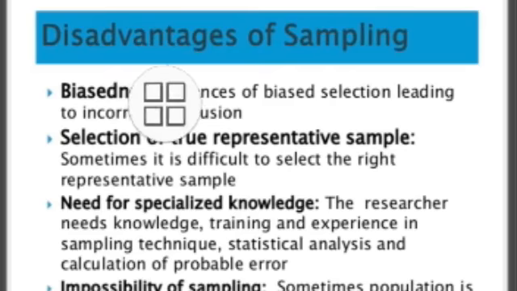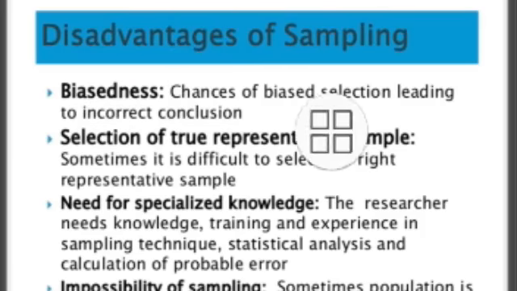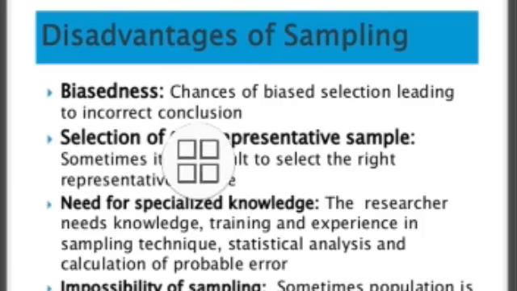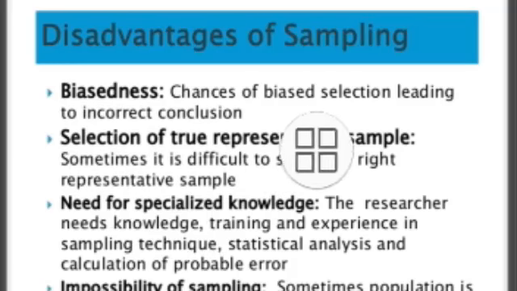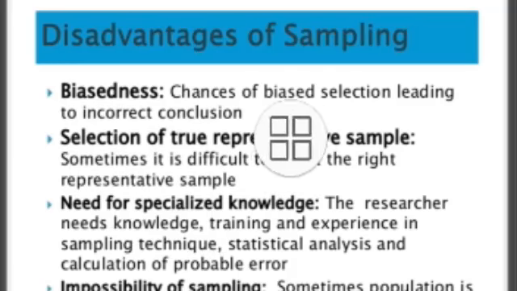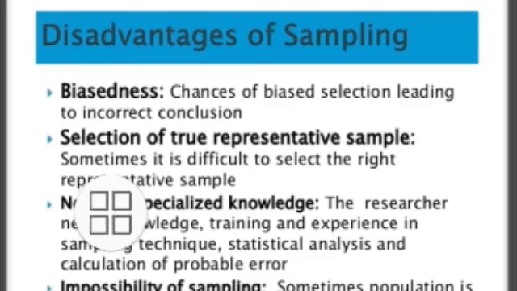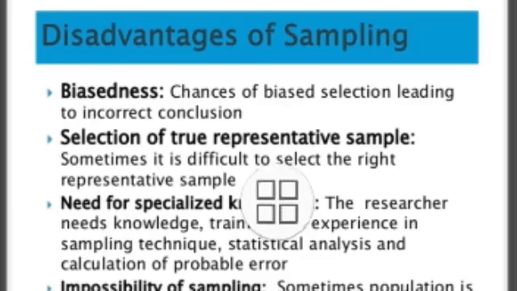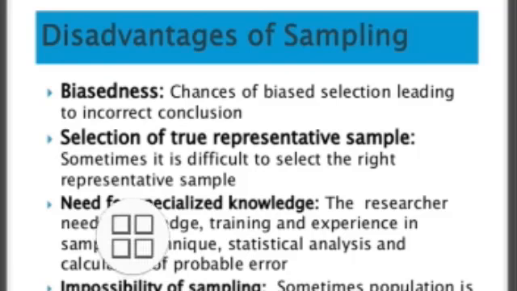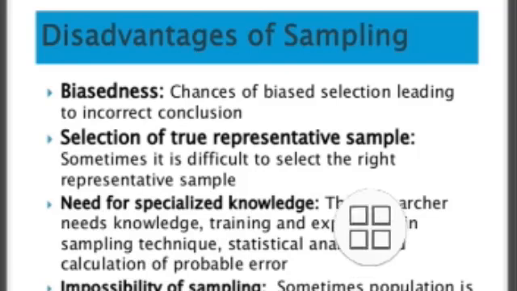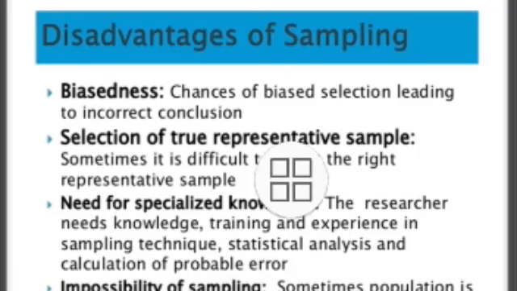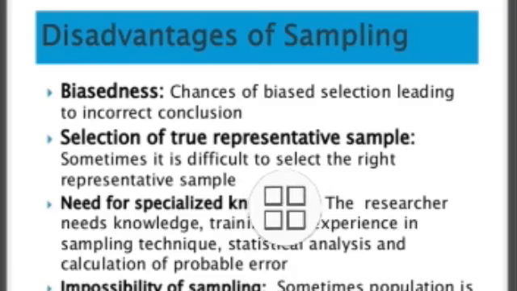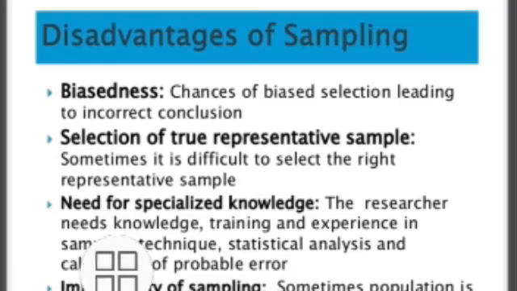But at the same time there are some disadvantages of sampling: sometimes it could be biased, and incorrect conclusions can give rise to problems. Then selection of a true representative sample is sometimes difficult, meaning we can choose the wrong sample.